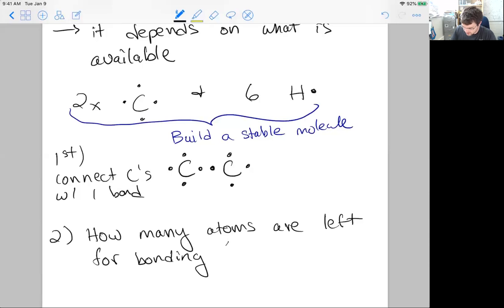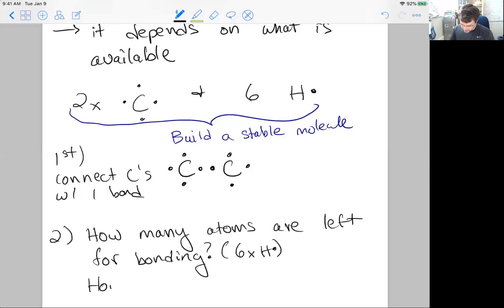And the answer is 6 H atoms. So the answer was 6. We have 6 H dots.